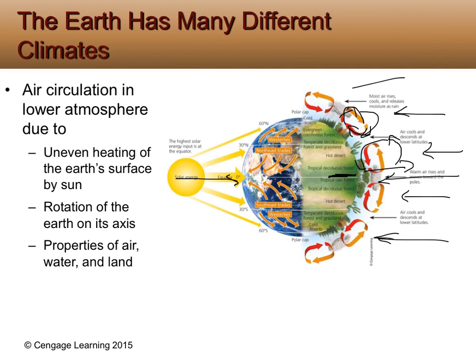Same thing in this region right here, so above 60 degrees north and 60 degrees south are called the polar cells. Again, due to the uneven heating of the Earth, we have Hadley, Ferrel, and polar cells. The rotation of the Earth on its axis is also going to drive this as it's spinning. And properties of air, water, and land.